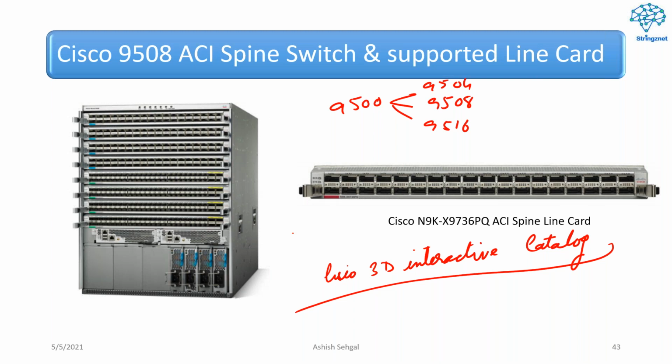Hope you remember that while talking about the 9500 series switches, we said this is a beautiful chassis with no midplane. If we remove all the line cards, the fabric modules, the system controller, the supervisor engine, the fan trays and power units, the chassis is absolutely a blank chassis.